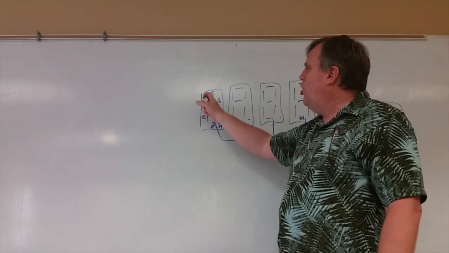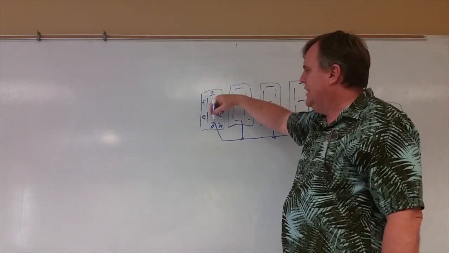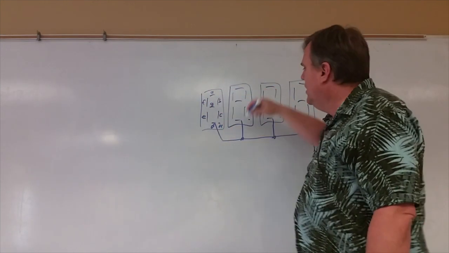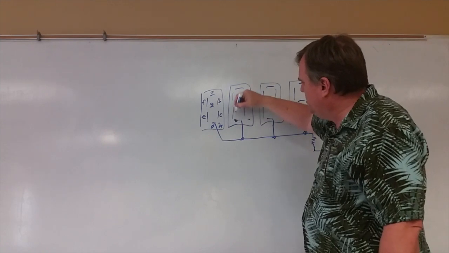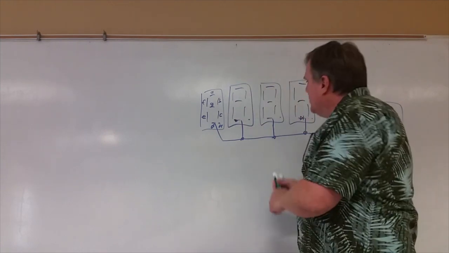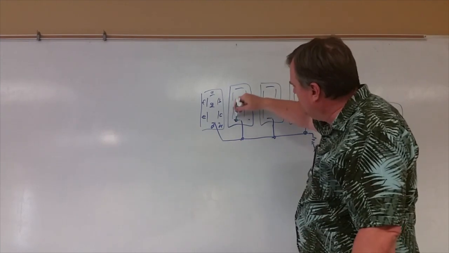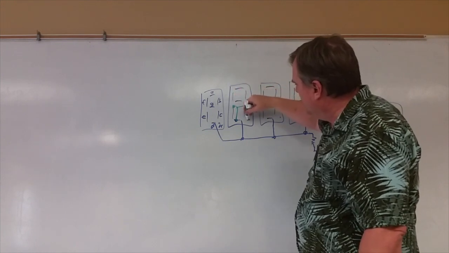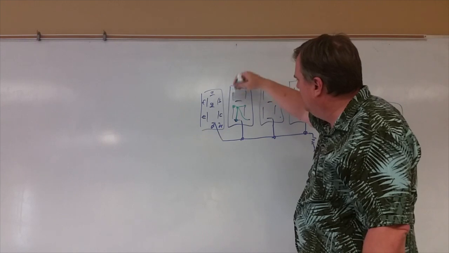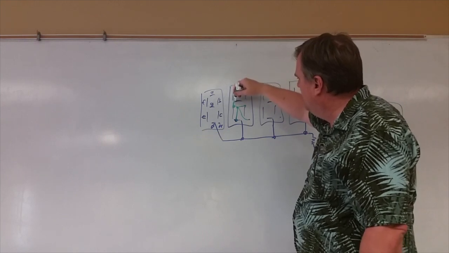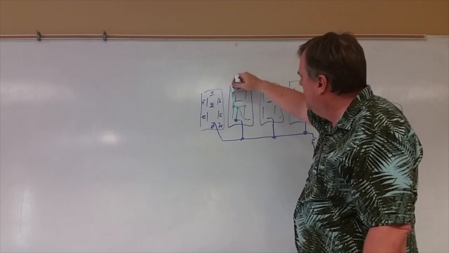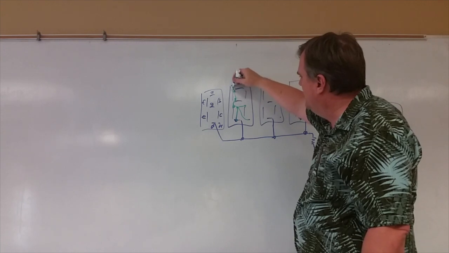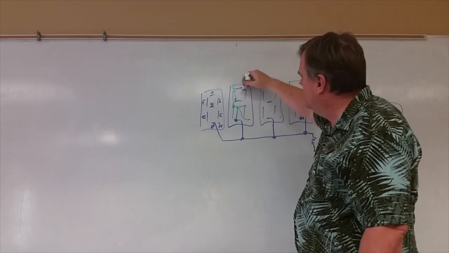So no worries there. I'm going to hook all of the powers on this one together. So I'll take all the power sides, maybe in a different color, and hook all of them together. Power side, power side, power side.